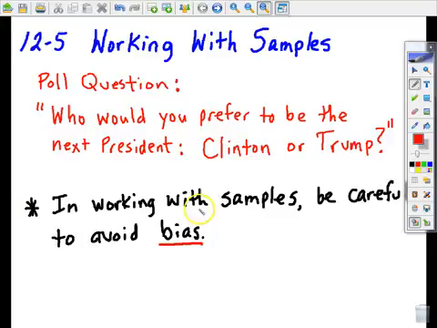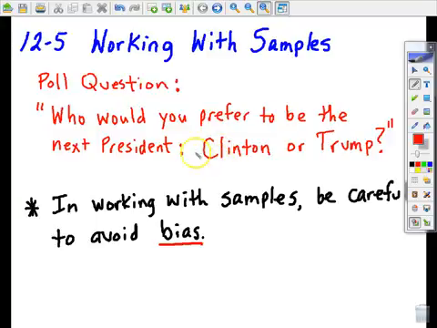Well, here's the idea behind samples. It's not feasible to think that we could ask every single voter in the United States this question. It would take a lot of time. It would take a lot of money. For pollsters, it's just not feasible.